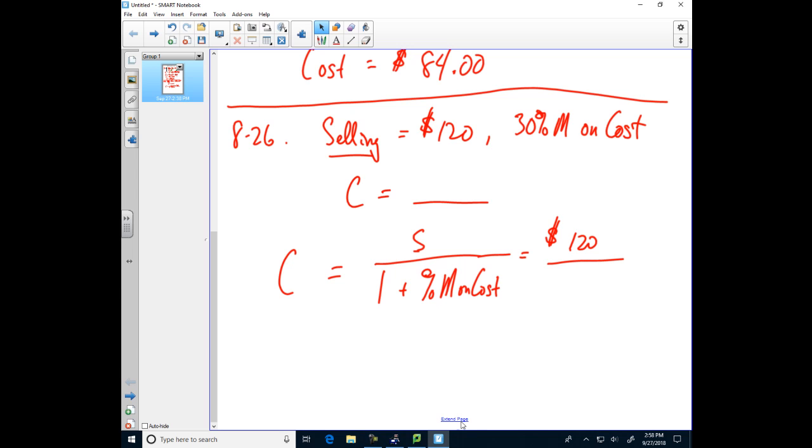120, and then we got 1 plus 0.30. So that's 120 divided by 1.3, isn't it?